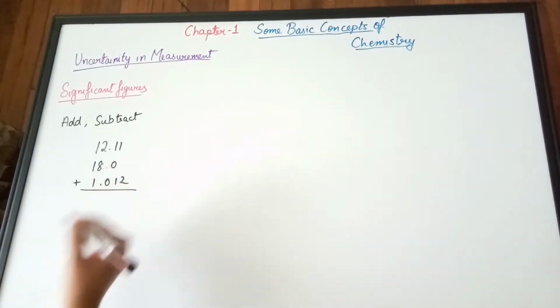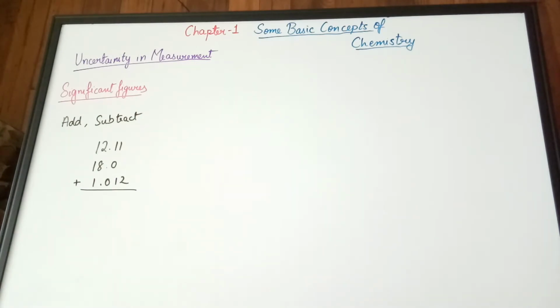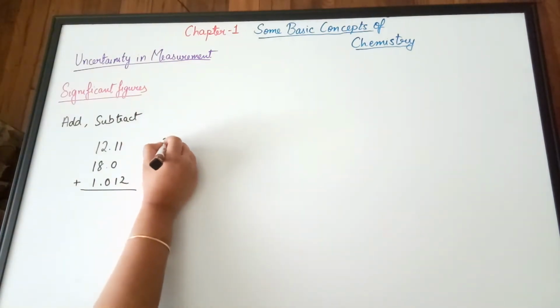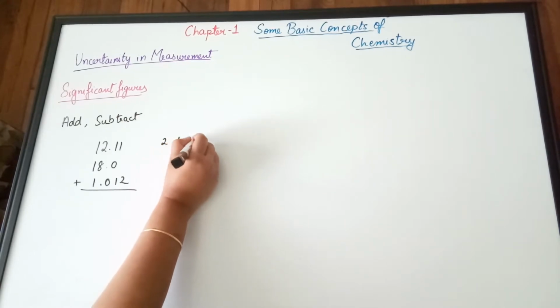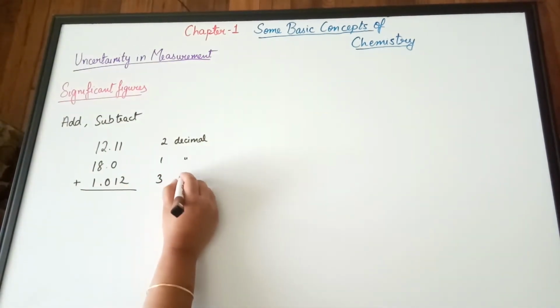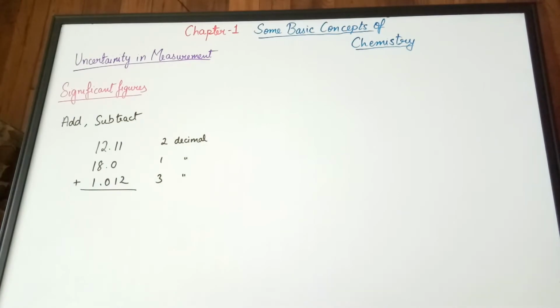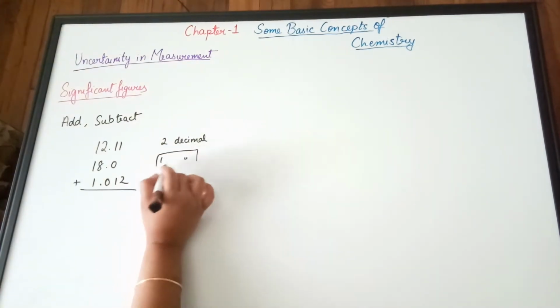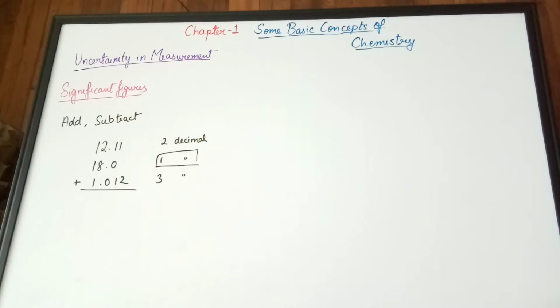Now I have to add all these three numbers, but the first one has only 2 decimal places. The second value has only 1 decimal place, and the third value has 3 decimal places. With respect to our rule, the final result should have the same number of decimal places as the term having the least number, so our decimal places in the answer is supposed to be 1.